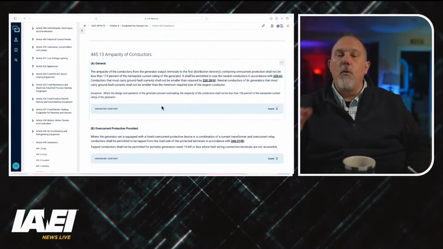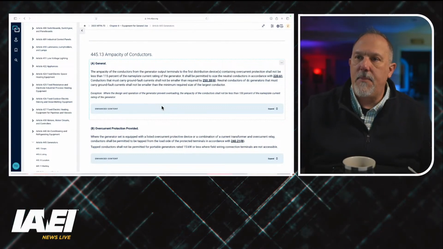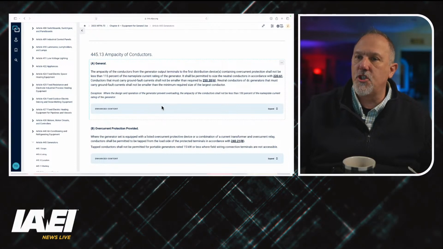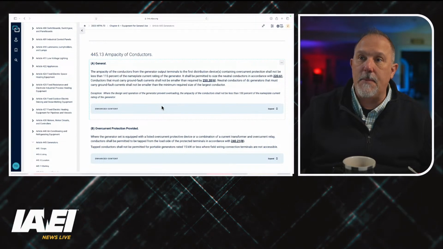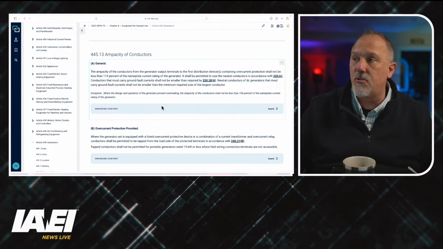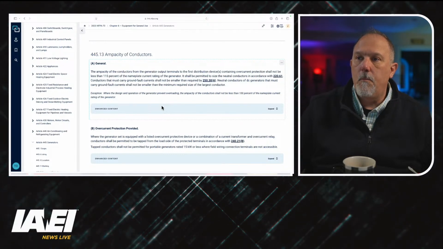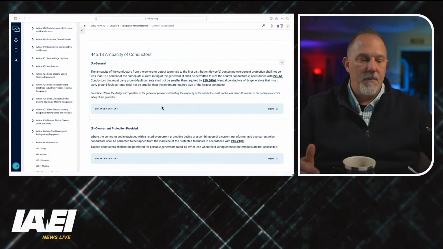Here we go. Look at this. 445.13 deals with the ampacity of those conductors. The ampacity of the conductors from the generator output terminals to the first distribution devices containing overcurrent protection shall not be less than 115% of the nameplate rating. It shall be permitted to size the neutral conductors, but it doesn't give us rules if those conductors leave the enclosure, or does it?